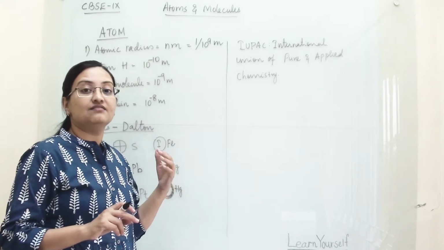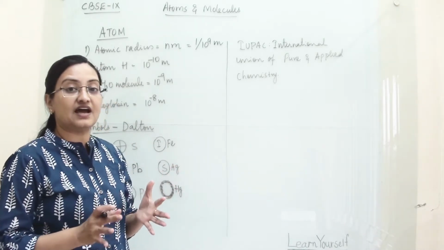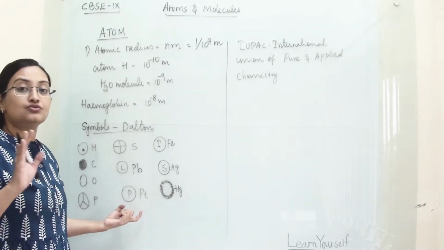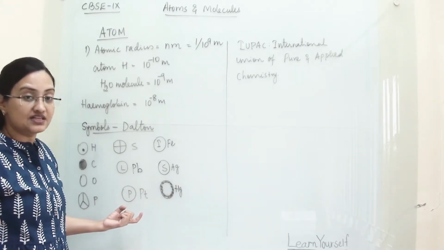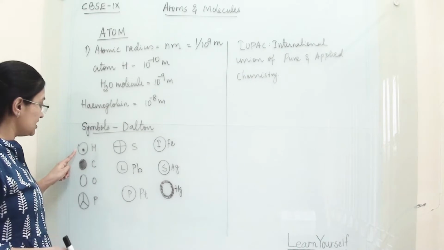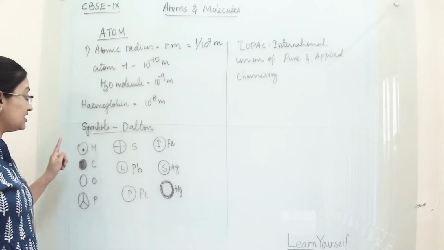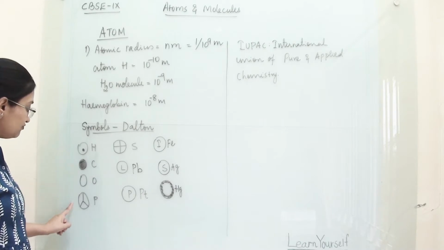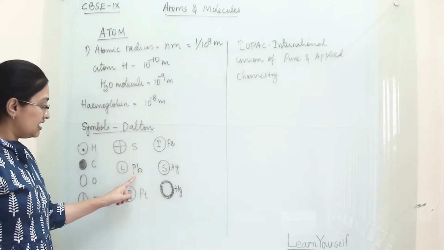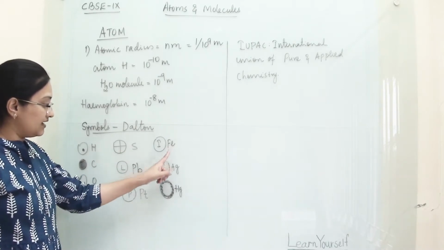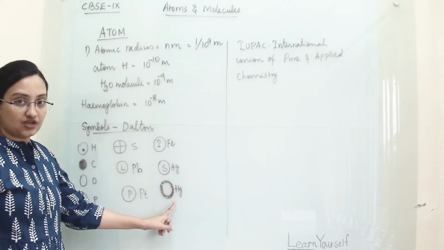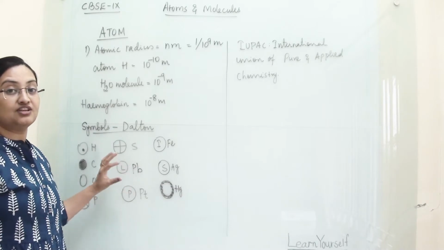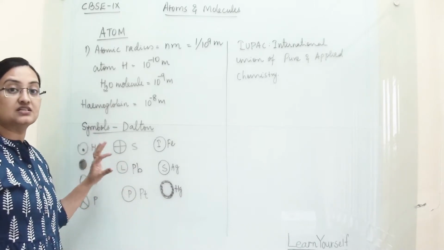When Dalton gave his atomic theory, after that he gave some symbols for all those atoms which had already been discovered. For hydrogen he proposed this symbol. Then for carbon, oxygen, phosphorus, sulfur, lead, platinum, iron, silver and mercury. These are very few elements, very few atoms which had been discovered at that time.